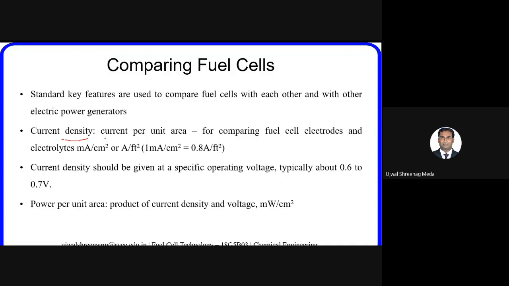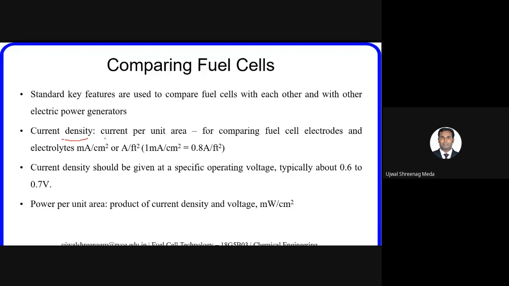We realized that the effective electrochemically active surface area is very important, as the amount of current or electricity that is generated from a fuel cell is directly proportional to the active surface area that is available. So what is this active surface area? It is the interface between the electrode and the electrolyte. The more the active surface area, the better the performance of a fuel cell.